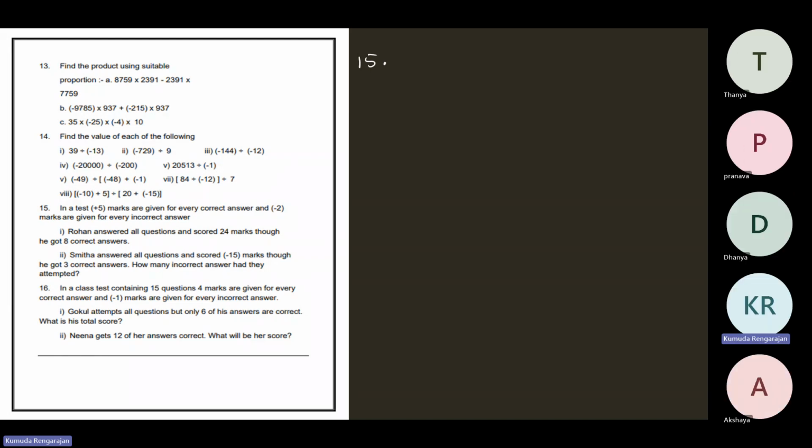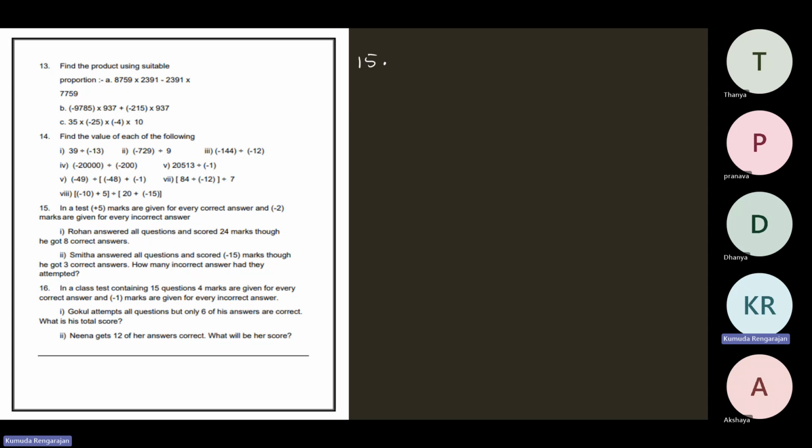Rohan answered all questions and scored 24 marks, though he got 8 correct answers. So the total number of correct answers is 8, and the total marks are 24. You need to know 2 things.